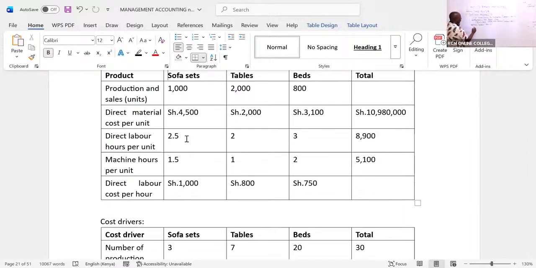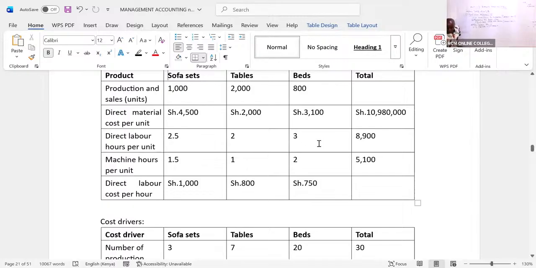I will take 2.5. This is per sofa set. And how many sofa sets are we producing here? 1,000. Some labor hours will be spent on producing the next product, tables, where I'm going to have 1 hour times 2,000. I can see some other labor hours going to beds.